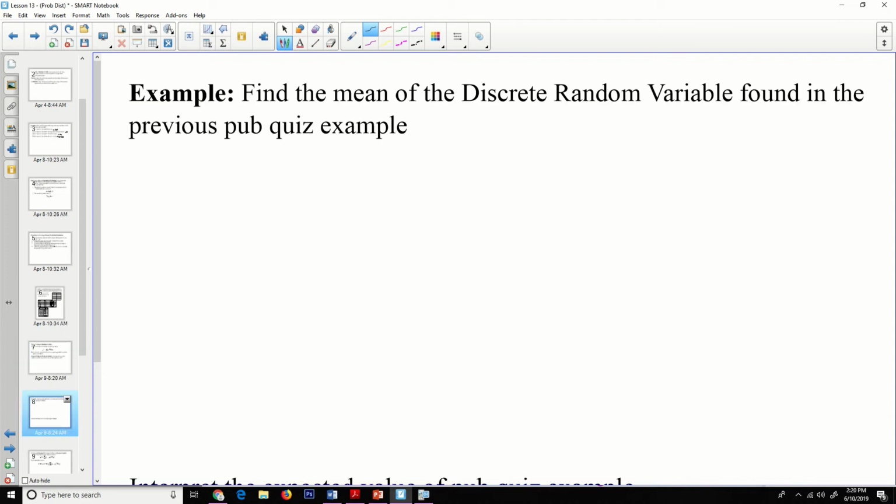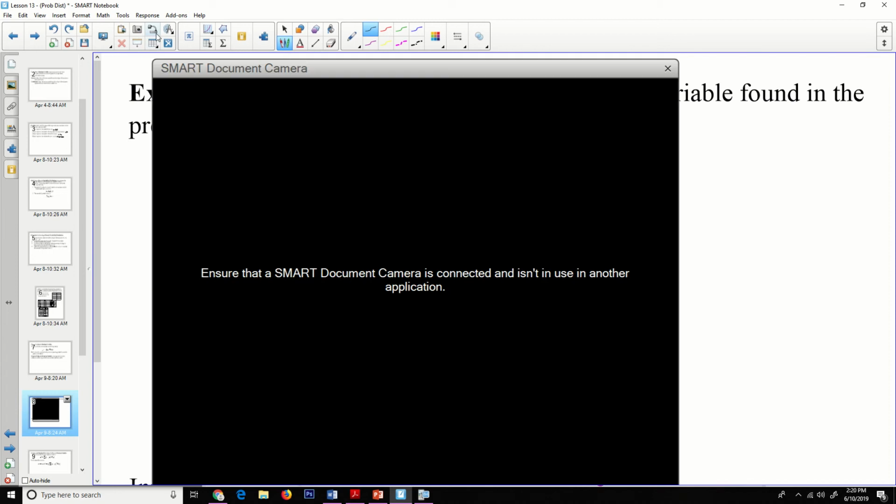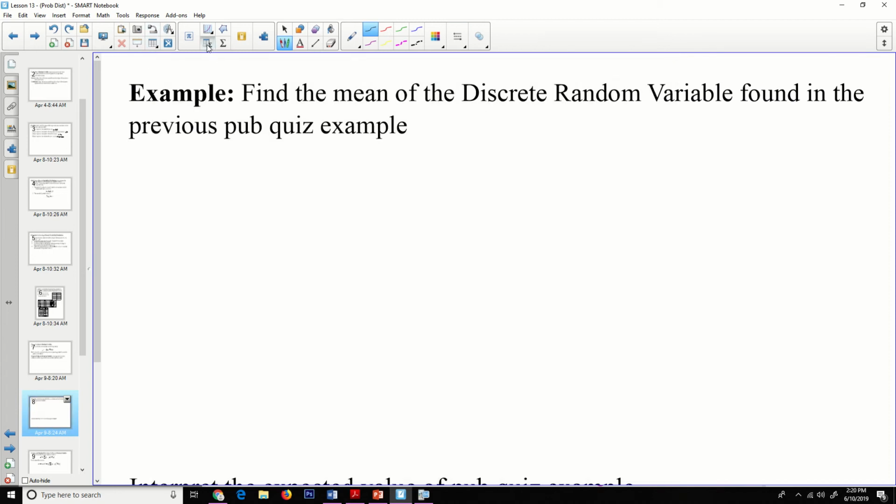So as a continuing example here, we are going to find the mean of the discrete random variable found in the pub quiz that we just had. Let's hit the table.